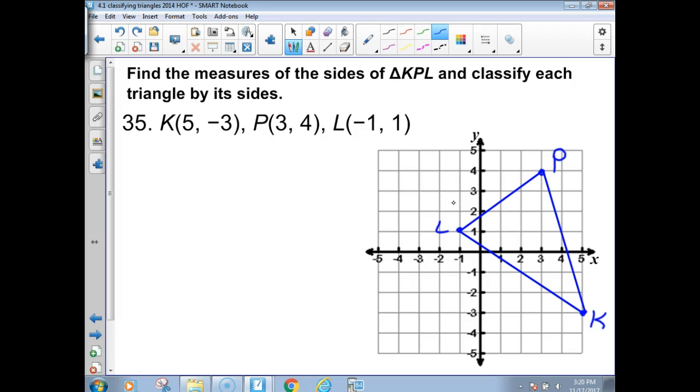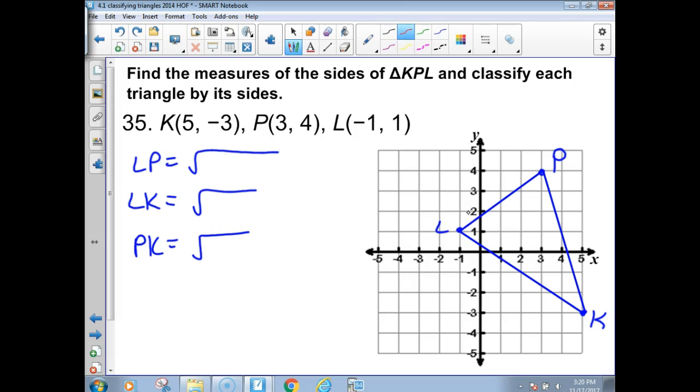Now figure out L to P, L to K. It doesn't matter what order you do this, and P to K. I think it looks isosceles, but we have to verify that. All right, start counting. If you want to make solid lines, it really doesn't matter.